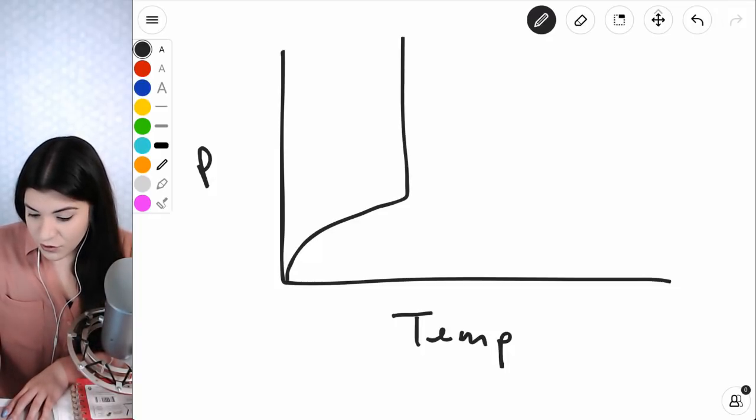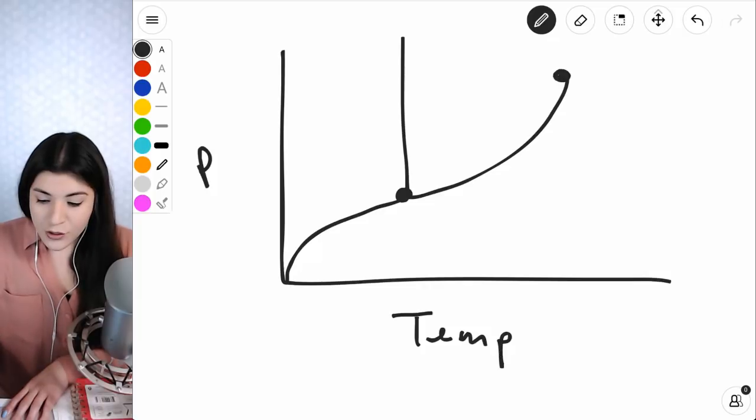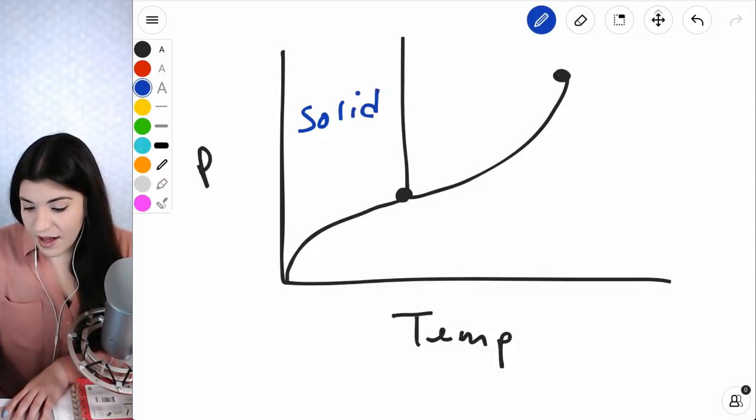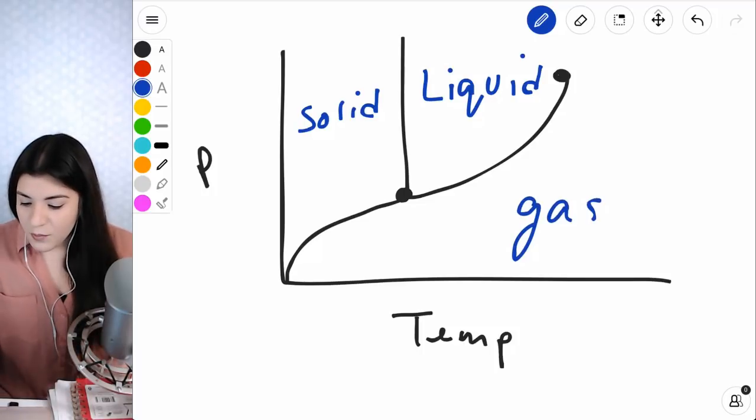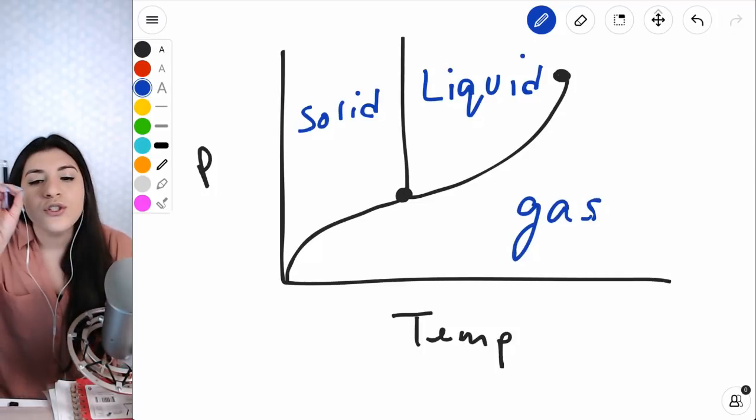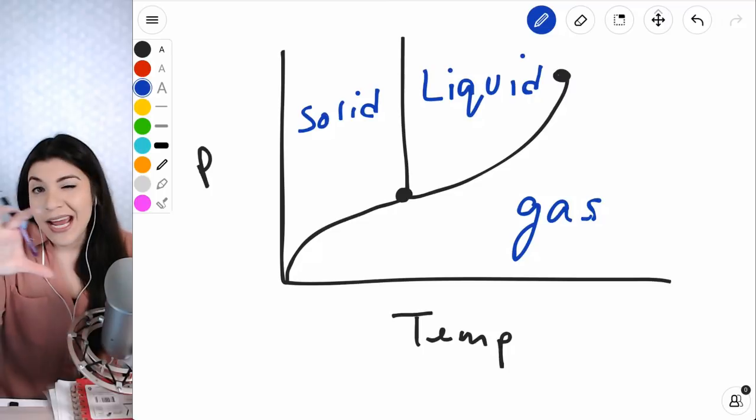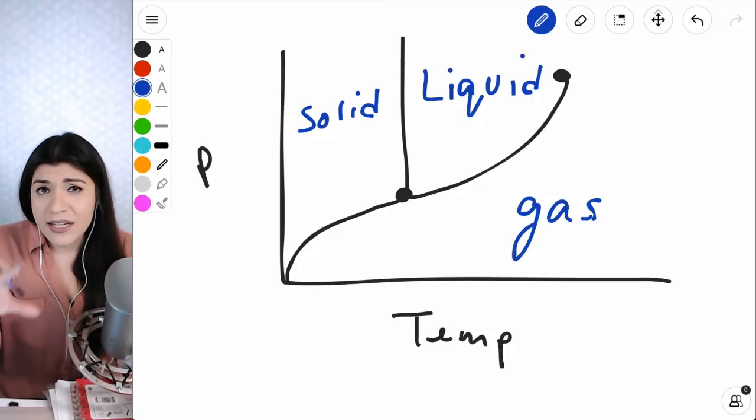Let me draw this out real quick and I'll explain what everything means. The first part here is where it's a solid. Next here we have a liquid. And lastly, we have a gas at the bottom. Knowing exactly what area on our graph is that specific phase is what you will be tested on.